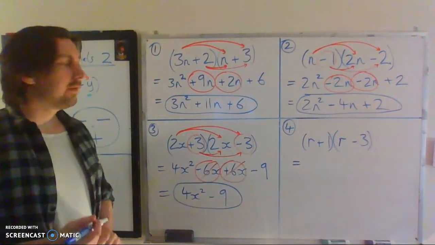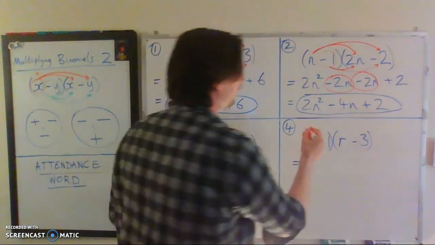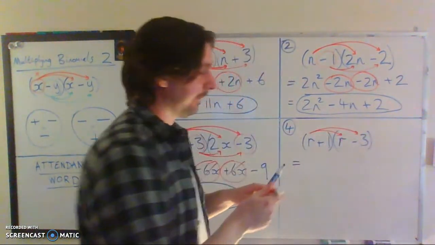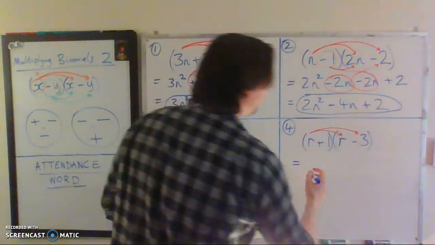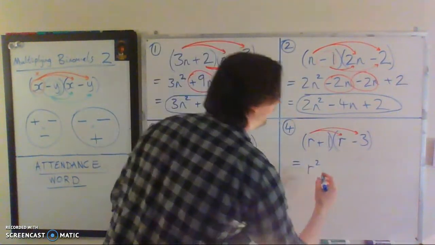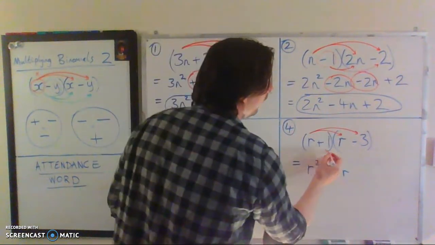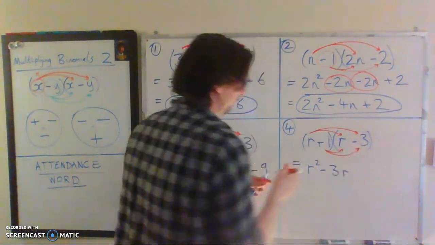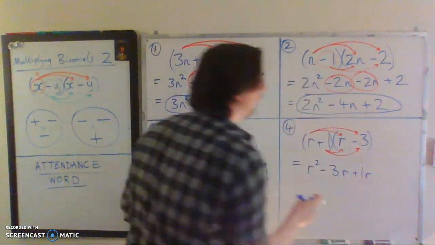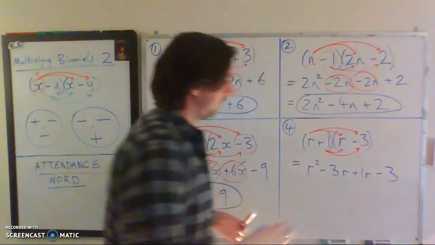Alright, number 4, and then you go ahead and try the other 6. r times r is r squared. r times negative 3 is negative 3r. 1 times r is 1r. It's positive. 1 times negative 3, negative 3.